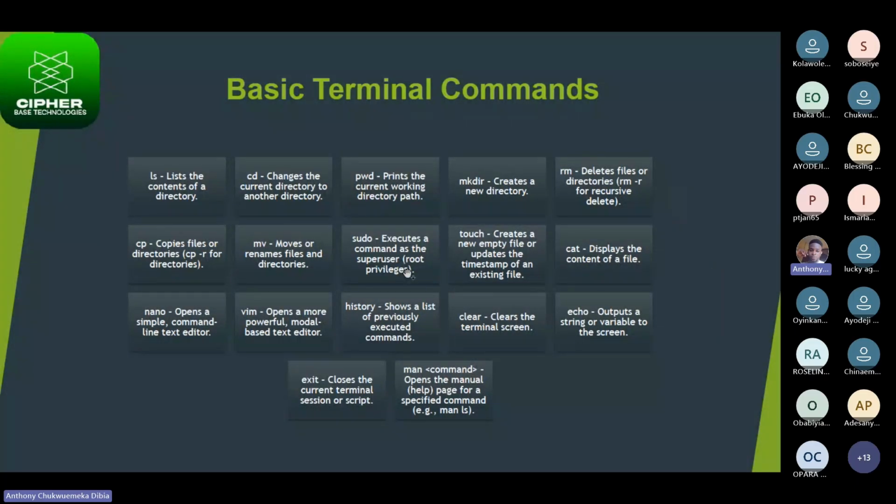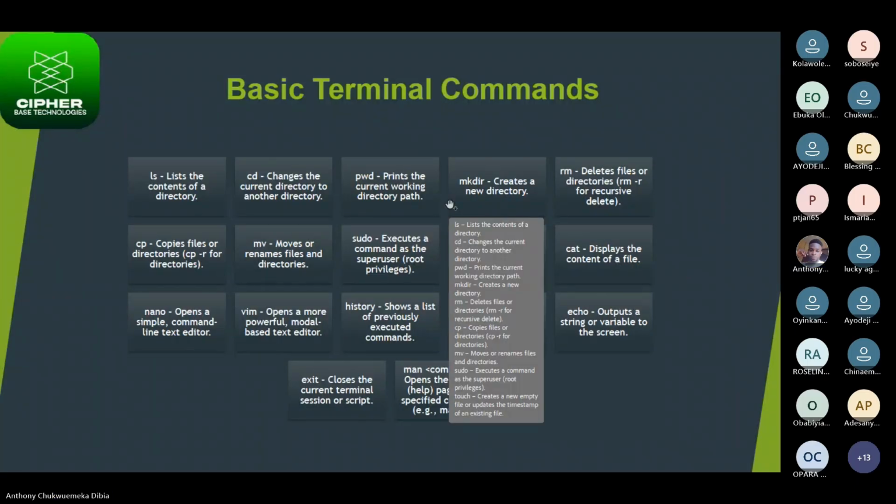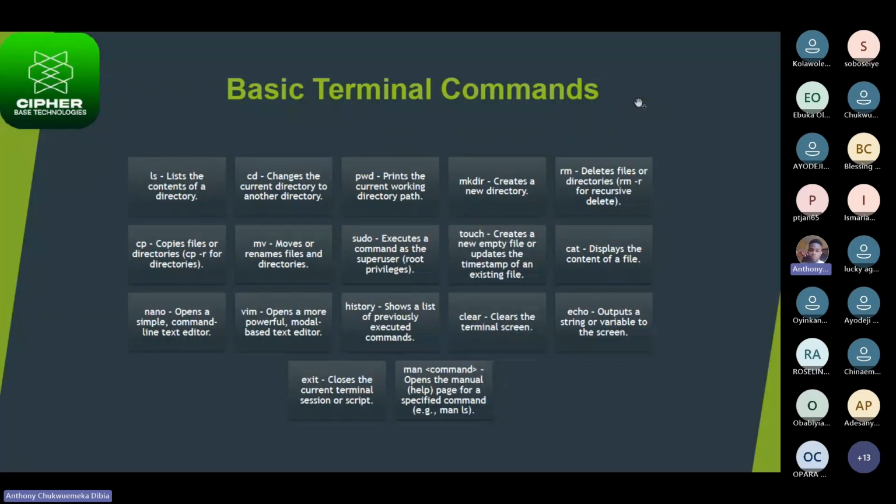Now we have sudo. This executes a command as a super user, that is, it gives the user root privileges. I will explain that when I use the command. Then we have touch. Touch is to create a new empty file, or update the timestamp of an existing file. Then we have cat. Cat displays the contents of a file. If you want to display the content of a file, make use of cat.